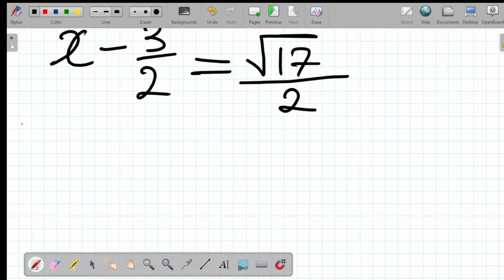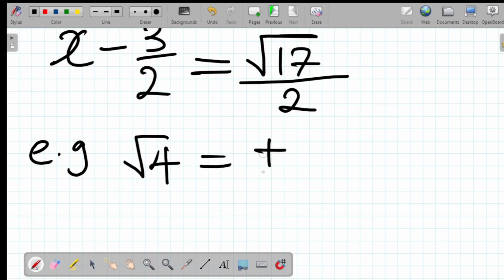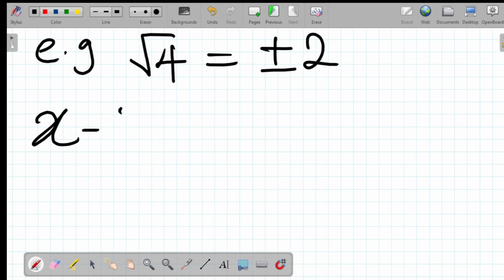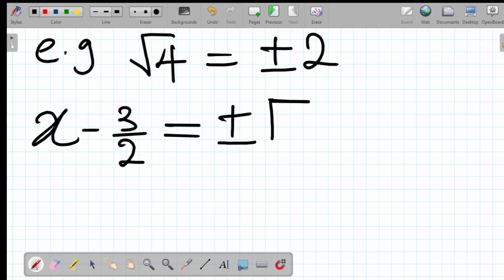Now note this, the square root of any number is equal to plus or minus the answer. E.g., square root of 4 is equal to plus or minus 2. So we have x minus 3 all over 2 is equal to plus or minus square root of 17 all over 2.